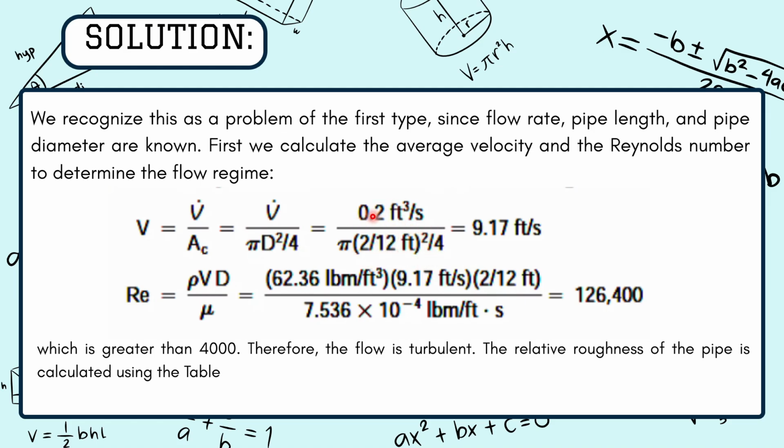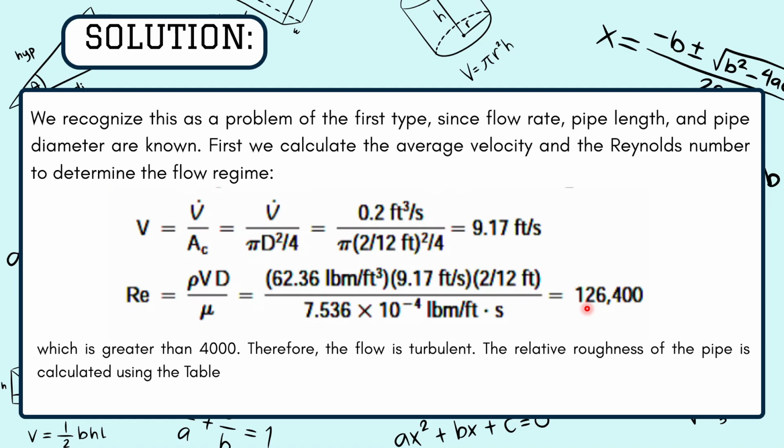Then to simplify this equation, we get the value of 9.17 feet per second. To get the Reynolds number, we use this equation: the density multiplied by the velocity times the diameter all over the dynamic viscosity. Solving gives the Reynolds number of 126,400, which is greater than 4,000. Therefore, the flow is turbulent.